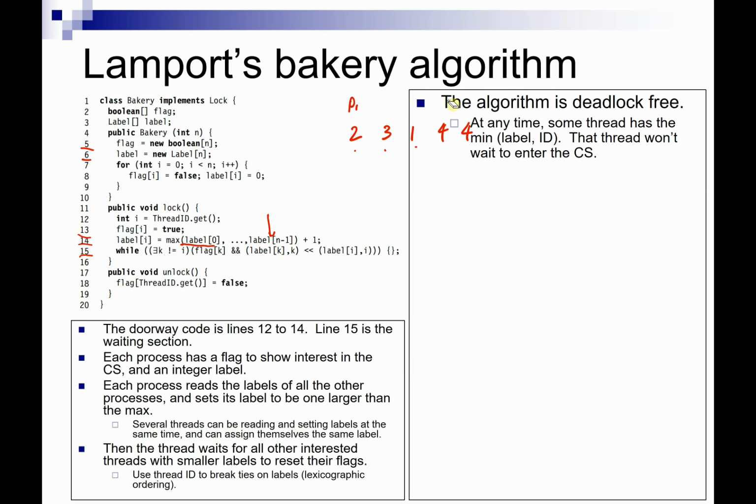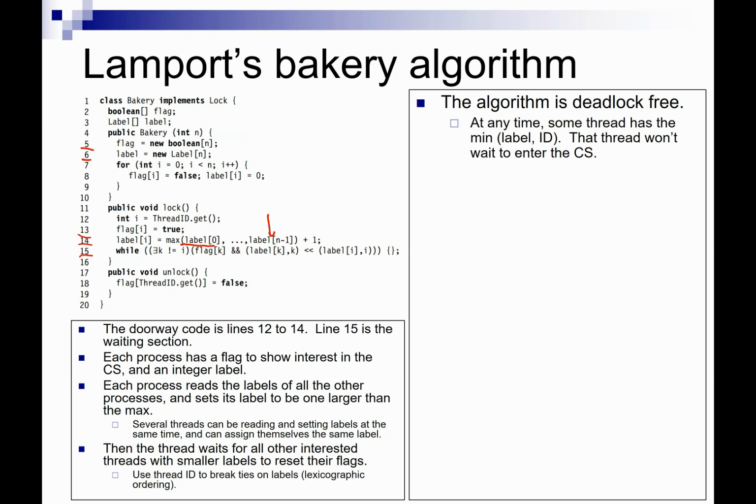Now we're going to show that this algorithm is correct. First, we're going to show the deadlock-free property. The reason this is deadlock-free is that at any point, if you compare all the labels of all the processes, these labels can be totally ordered, meaning you never get a tie between two labels, as we saw. Therefore there's some minimum label.